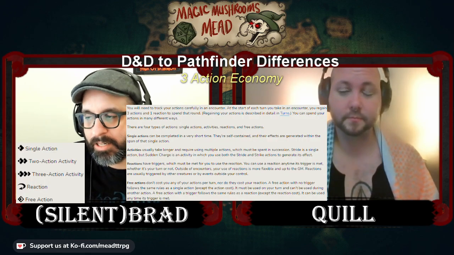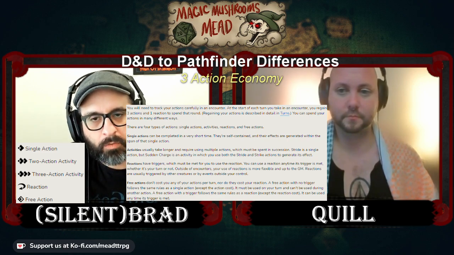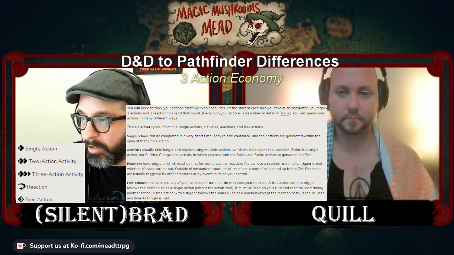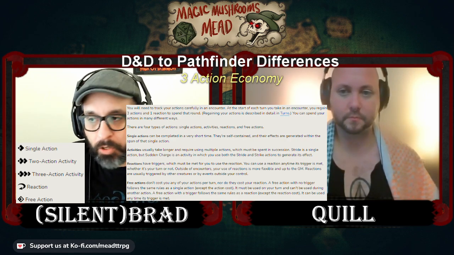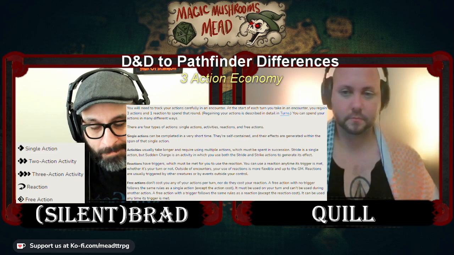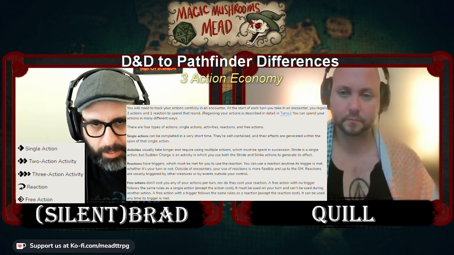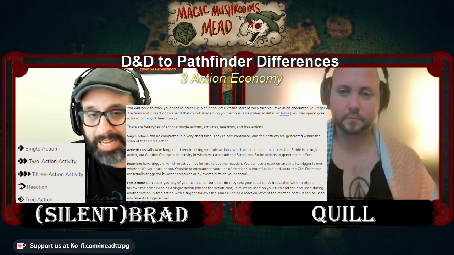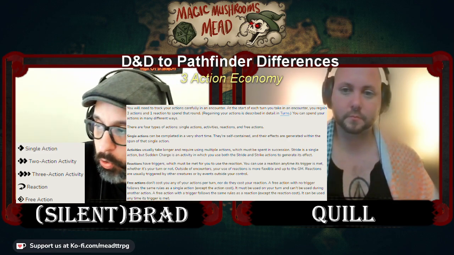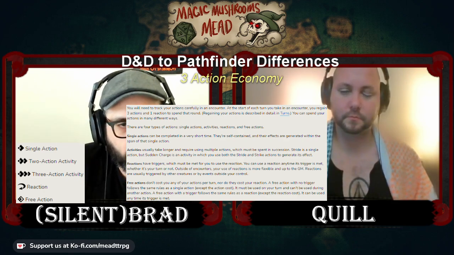In D&D, you've got the action, bonus action, reaction, and move. You can use an action to double move, and you can attack once with your action. You can cast a spell with an action or a bonus action, that sort of thing. In Pathfinder 2, it is a three action economy.